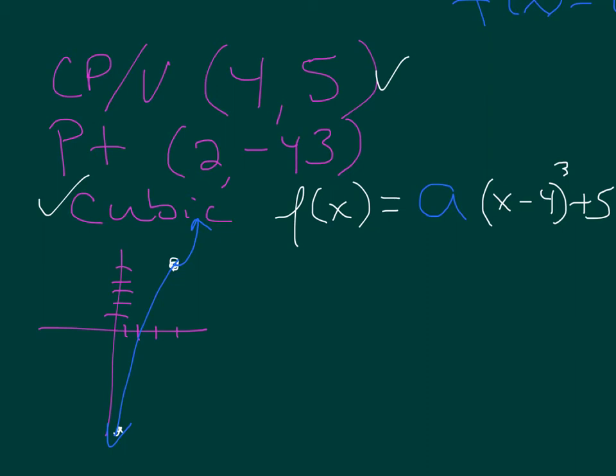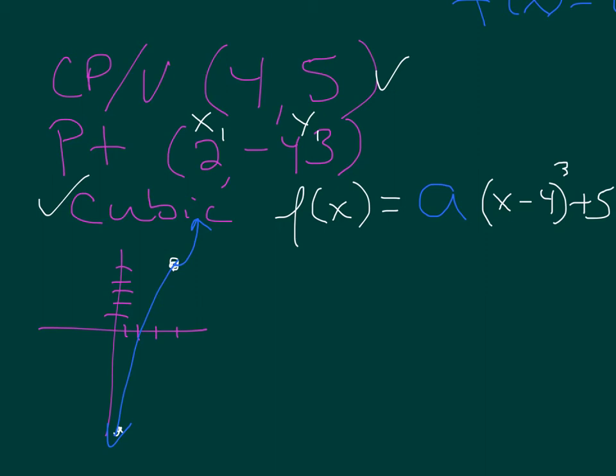Just like when we were graphing equations of lines, where we used x1, y1 as a point, I'm going to call this point x1 and y1, and put those into my equation. Remember, f of x is another way of saying y, so that's going to be my y1.